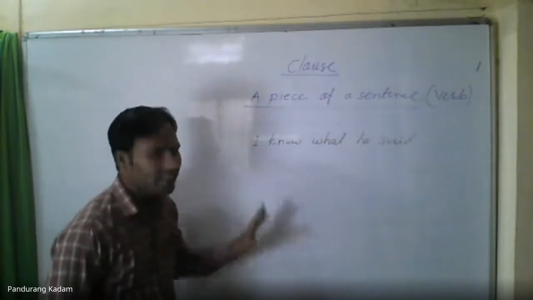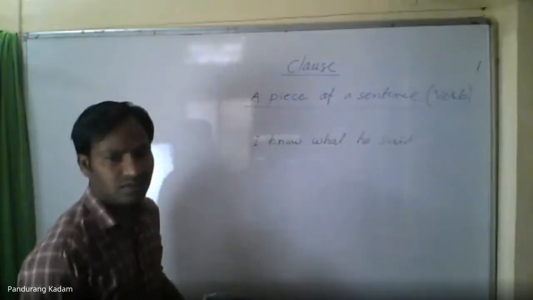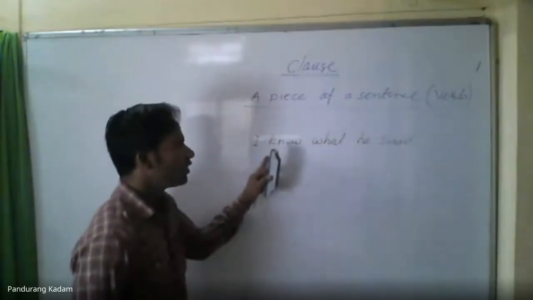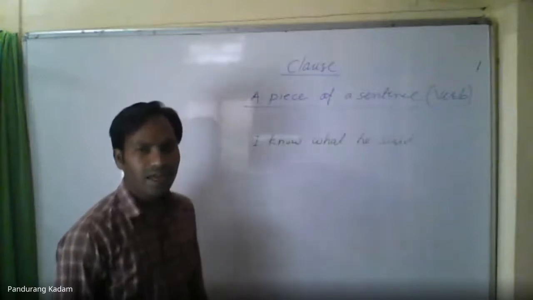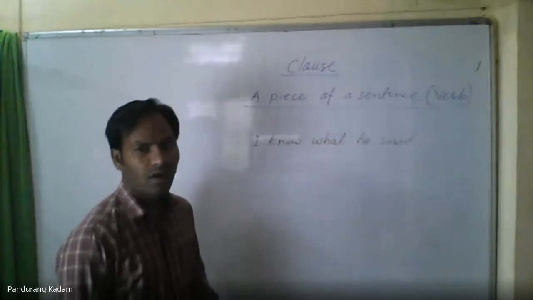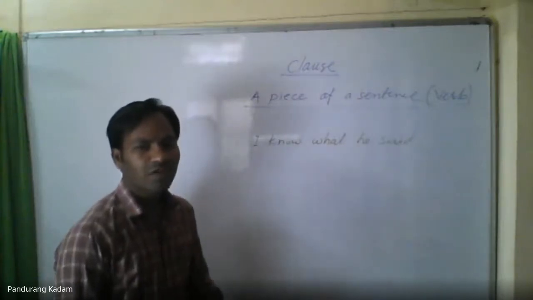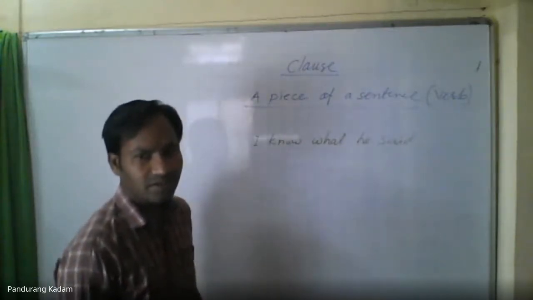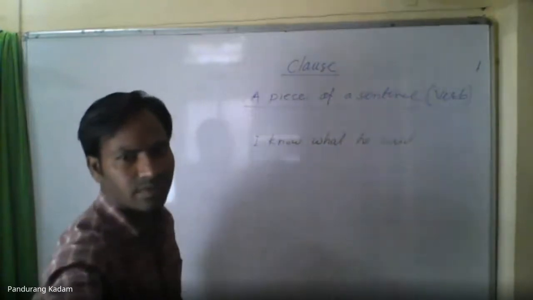Tell me which one is the main clause and which one is the subordinate clause: I know what he said. Just try to find the verbs in the sentence given.